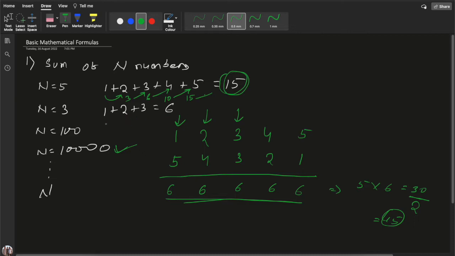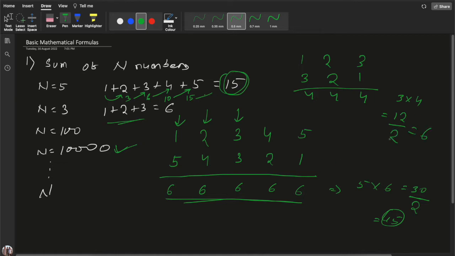Take another example. Let's say n is equal to 3. So 1, 2, 3 and 3, 2, 1. It will become 4, 4, 4. So 3 into 4 is equal to 12, divided by 2, so it becomes 6.